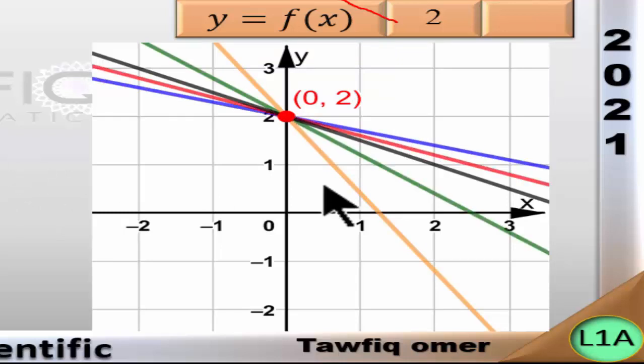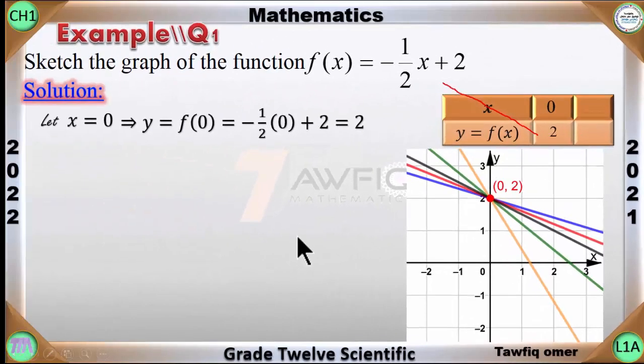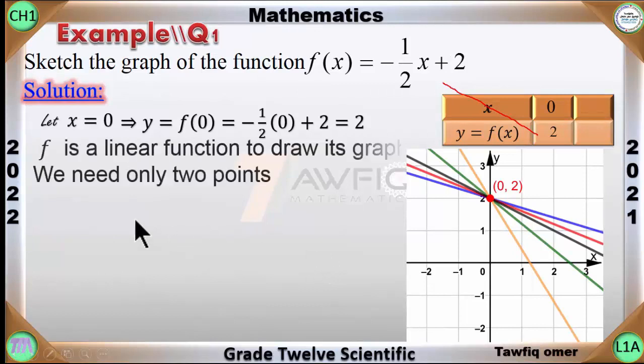That means one point is not enough for drawing a line of a linear function. We need more points. Because f is a linear function, to draw its graph, we need only 2 points.